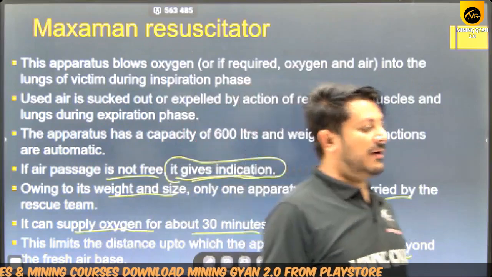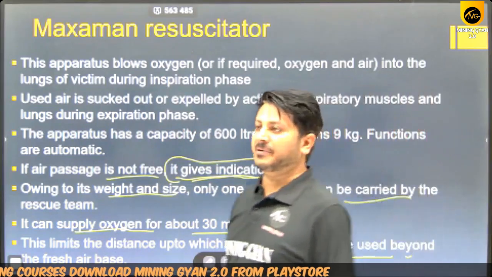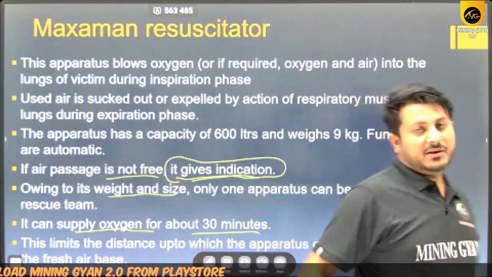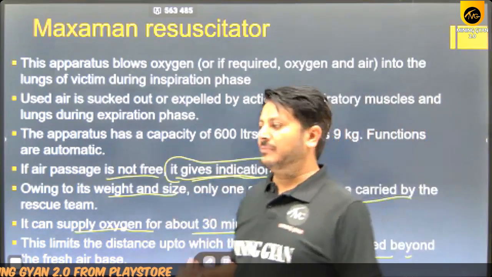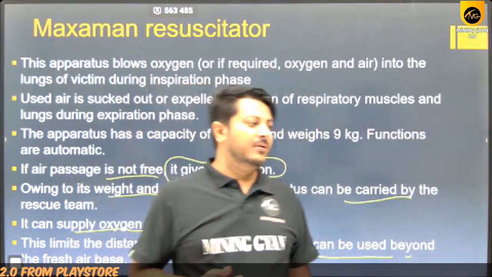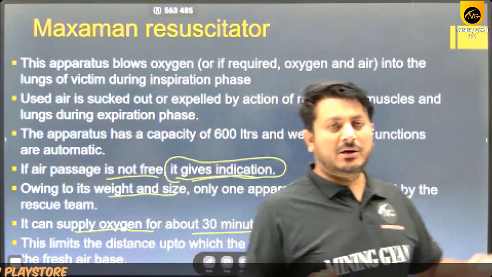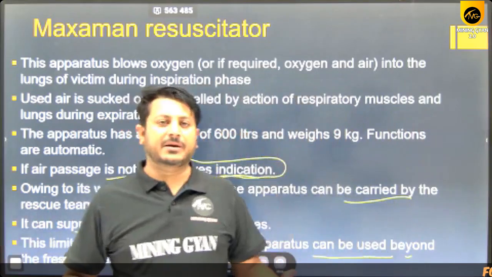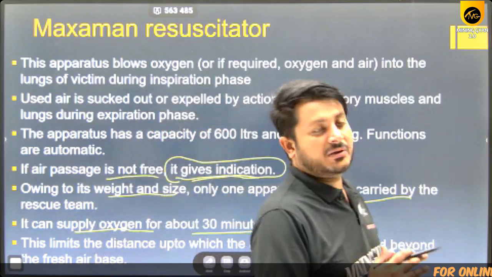Suppose you find any person inside the irrespirable zone, and from the location where you have found him to the fresh air base, the travelling time is more than 30 minutes.